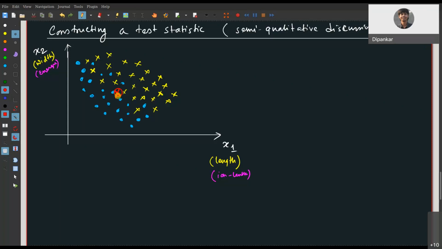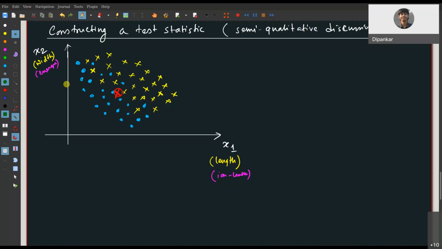Remember, how will you distinguish between the yellow and the blue points? You want to do a cart-based analysis. The simplest thing you can do is put a cart on each of the variables x1 and x2, and do a cart-based analysis. So the first option I am giving you is something like this.